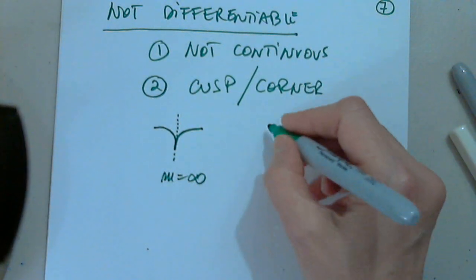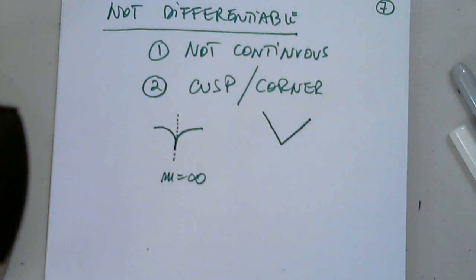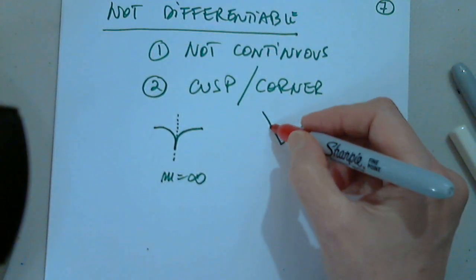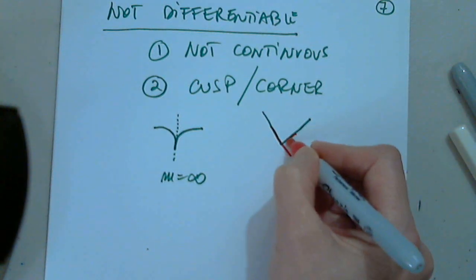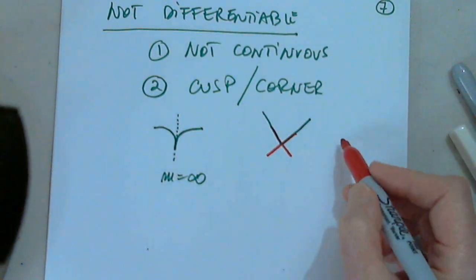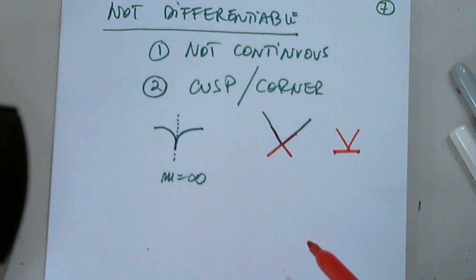What about a corner? Remember we said unique tangent. So what's wrong with the corner? Well, I have to follow the function. This is one tangent, and this is another tangent. I can't say, oh, why don't you put the tangent here? I can't.